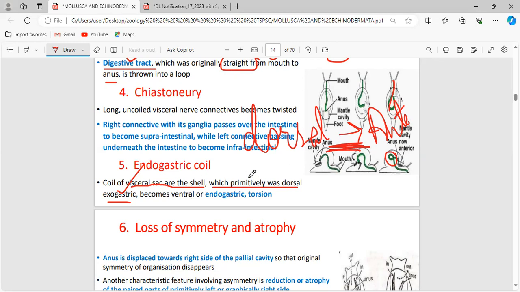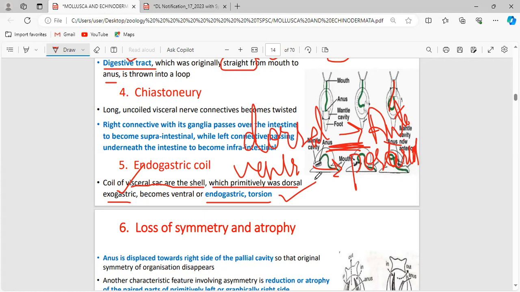In case the coil or the shell is in the ventral, endogastric, it is followed by a ventral flexure. Ventral here means ventral and posterior. If the shell is present in the ventral region and the posterior side, then we can call it endogastric.